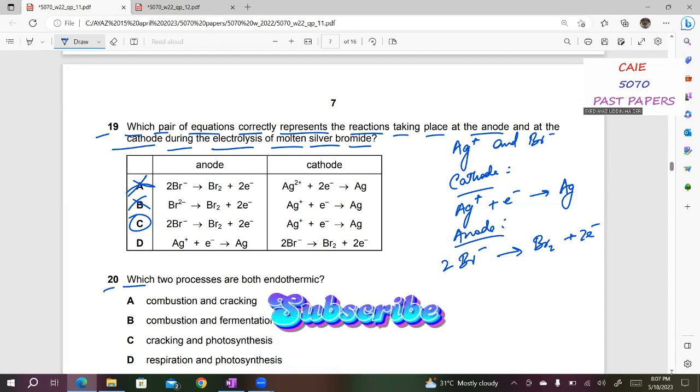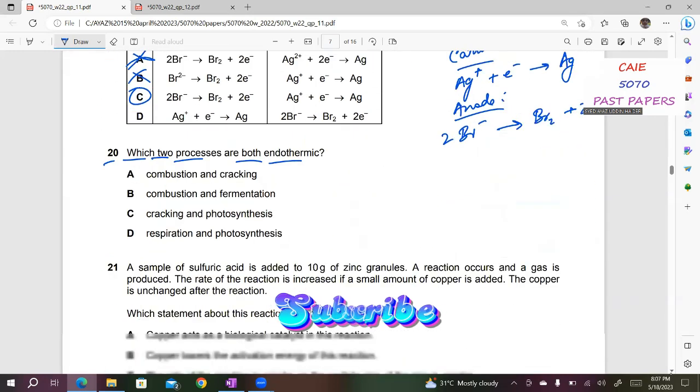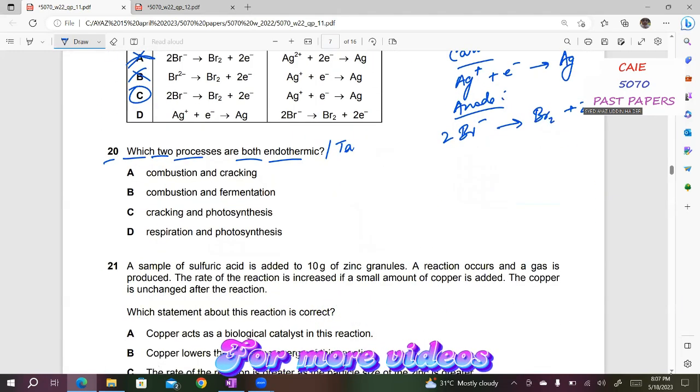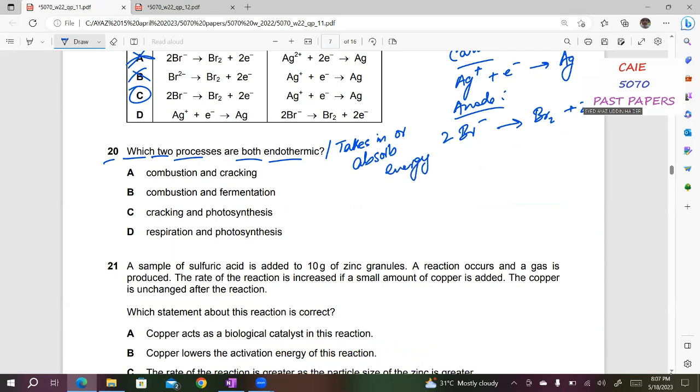Number 20. Which two processes are both endothermic? We recall what endothermic means: it takes in or absorbs energy. A, combustion and cracking. Combustion is exothermic, so it's automatically wrong. B, again combustion and fermentation. It's wrong. C, cracking and photosynthesis.